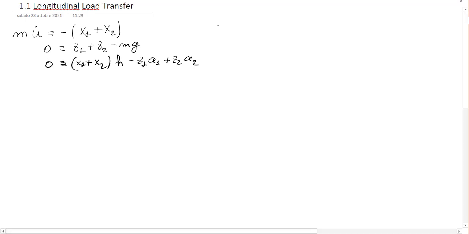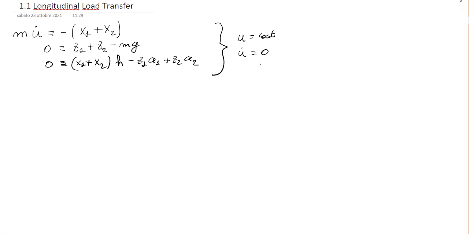The first case that we can study from these equations is when the velocity or the speed of the car u is constant. If u is constant, what we know is that u dot, the acceleration or the deceleration, is equal to 0. So how does this system change with this assumption?